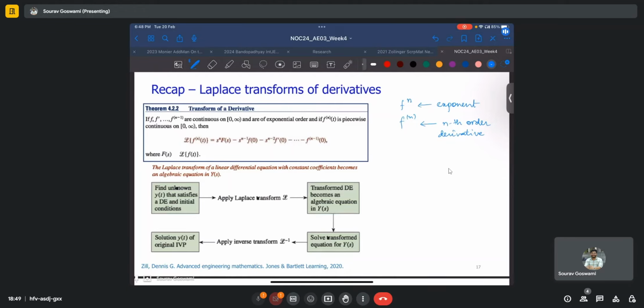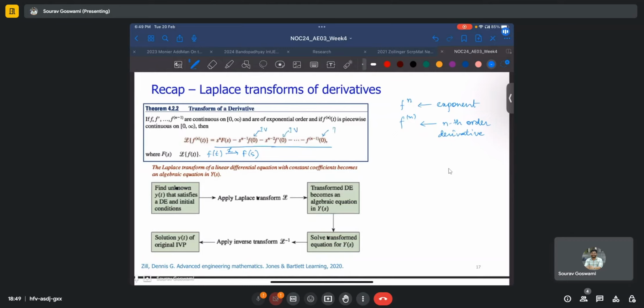So for the nth order derivative, the Laplace transform gives s power n F of s minus s power n minus 1 f of 0, where F of s is the Laplace transform of f of t. This f of 0, f prime of 0, f double prime of 0, and so on till the n minus 1th derivative calculated at 0 are actually the initial values supplied to us.